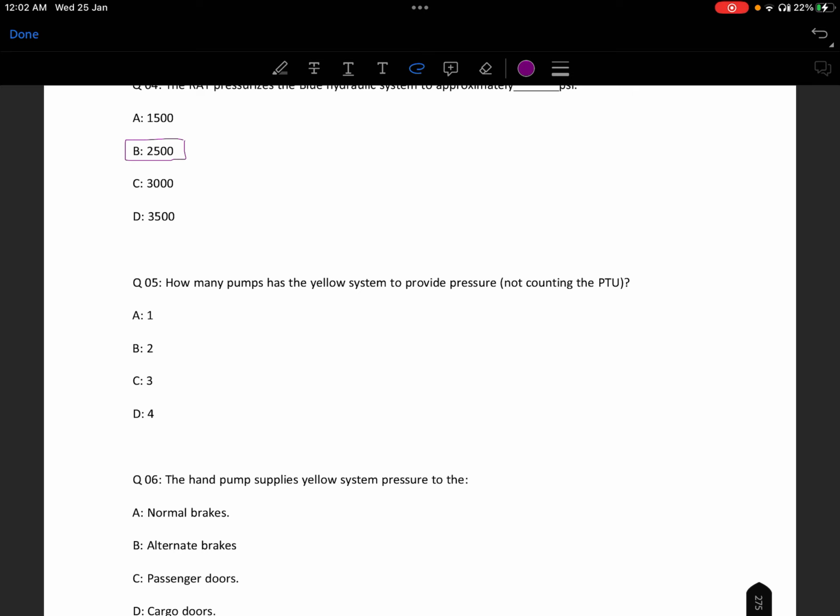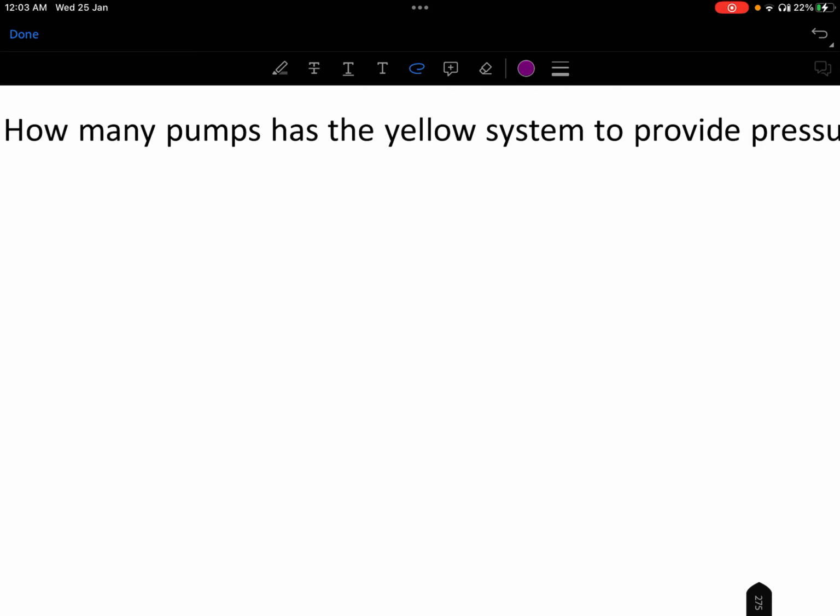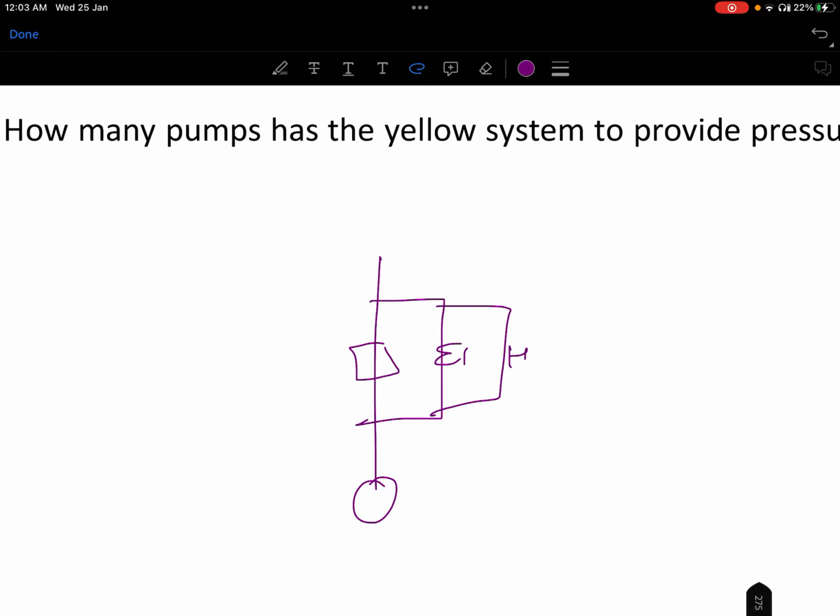How many pumps has the yellow system to provide pressure, not counting the PTU? How many pumps does the yellow system have? You are aware there are three pumps. First of all, we have an engine driven pump, then we have an electric pump, and then we have a hand pump, right?